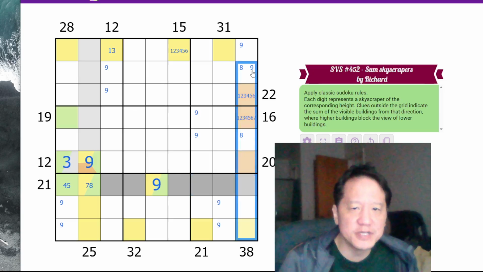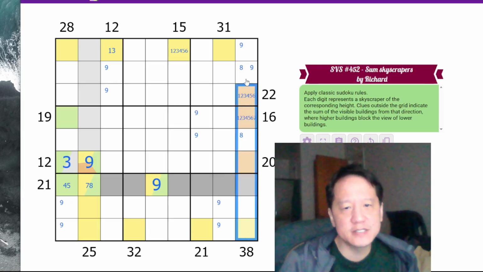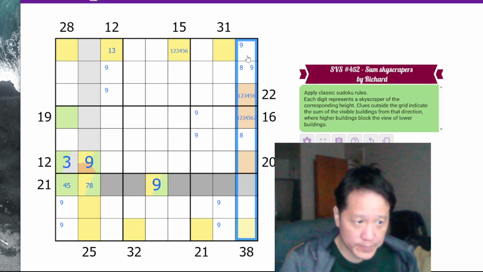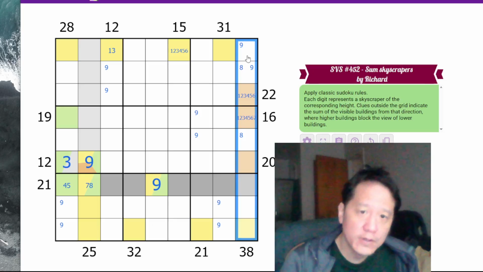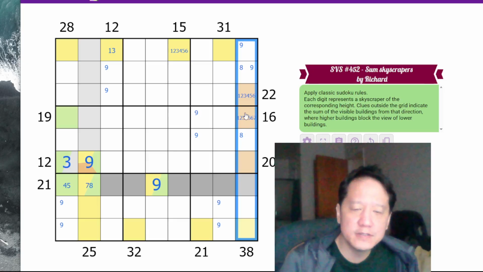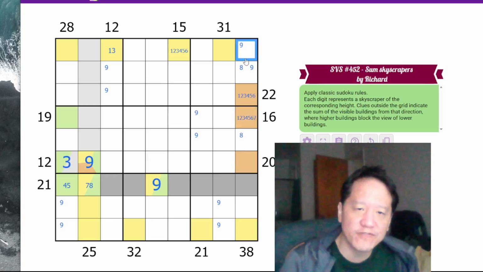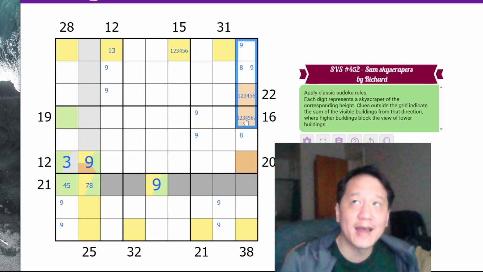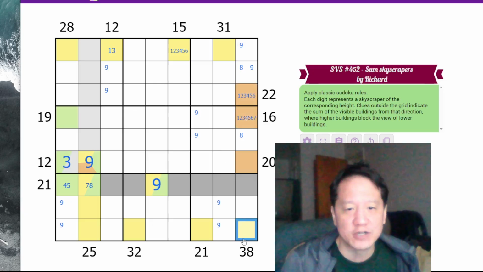Can this be missing the 7? No. Because if it's missing 7, then where is 8 and 9, right? 7 would have to be not seen. It has to be before the 8 or the 9. Sorry, have to be after the 8 or 9 in this direction that's seen.